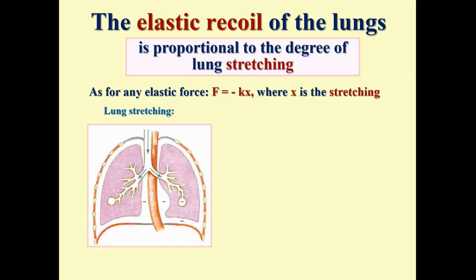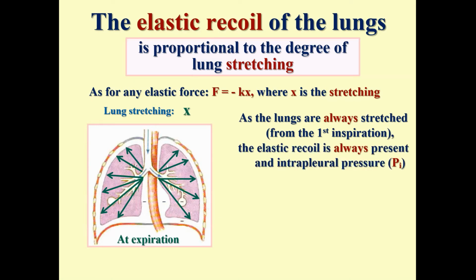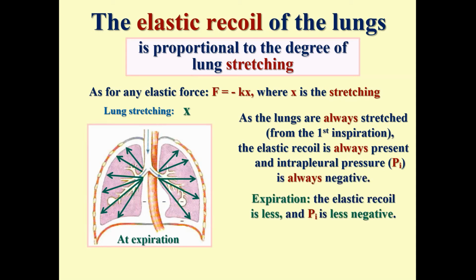And lung stretching, at expiration it's minimal stretching, but it's present. So there is a certain degree of stretching, let it be x. Then elastic recoil becomes high when the degree of stretching increases.